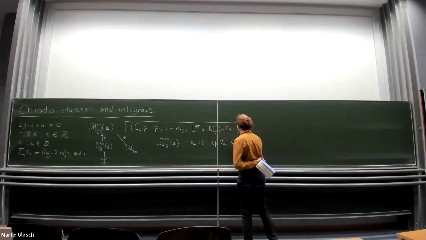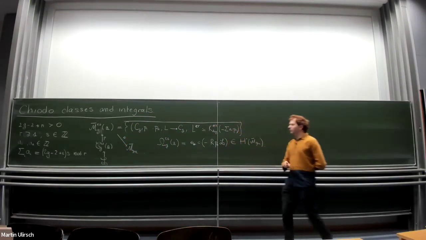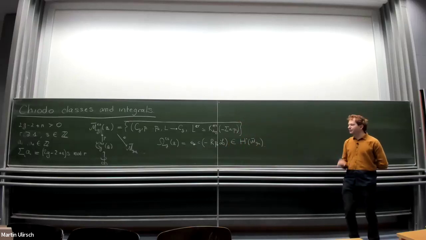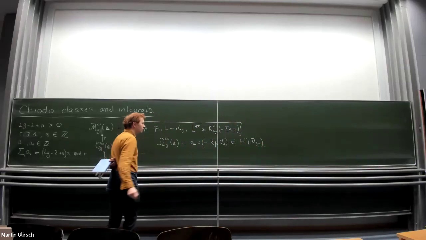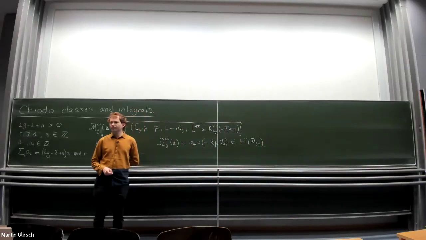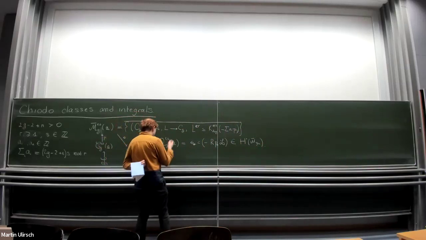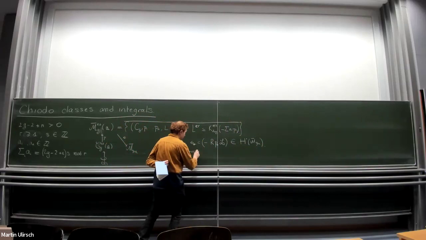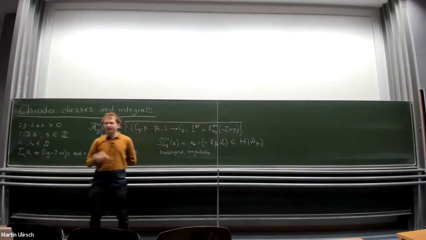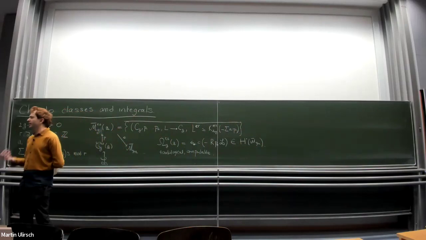So you get a class on the moduli space of curves that depends on this parameter A. This class is tautological and you can compute it as an expression of kappa classes, psi classes, and boundary divisors.